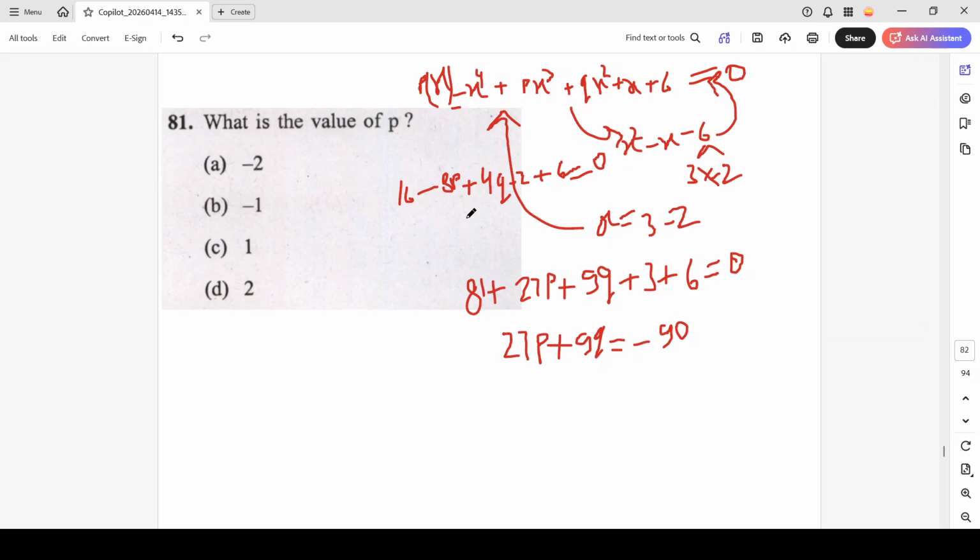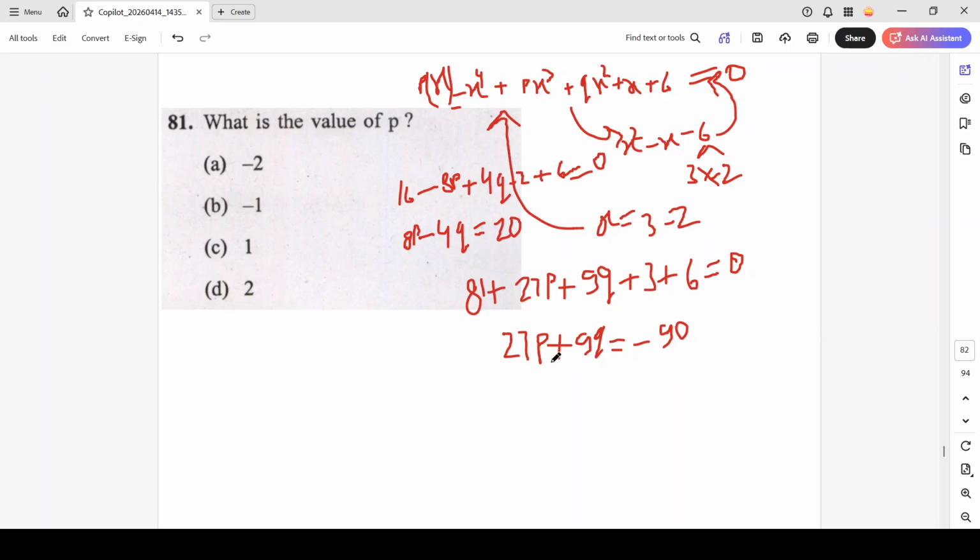From here we will get 8p minus 4q is equal to 16 plus 4, that is 20.